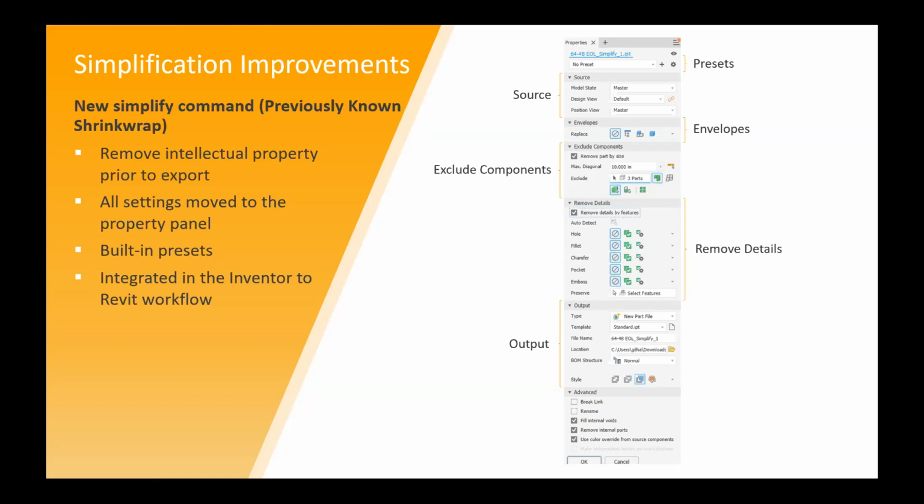You can see that the interface has been changed accordingly. This is the new interface. When you do a simplification, you can choose which features to exclude.